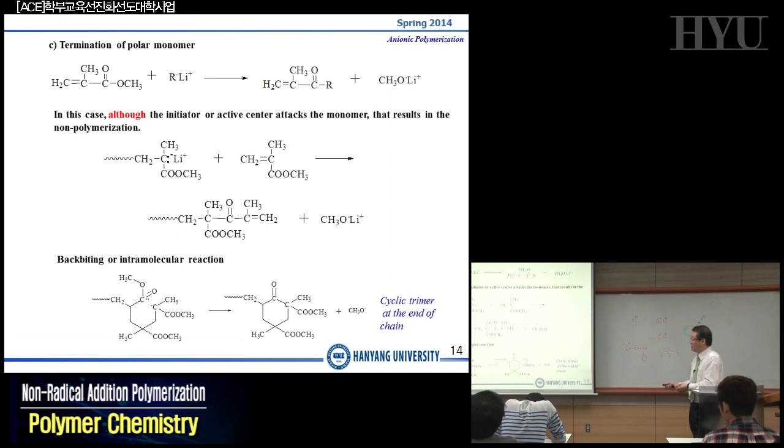So they looked at the presence of a cyclic trimer by detecting it with NMR and IR and other techniques. They can identify the mechanism of this backbiting in ionic polymerization reactions.